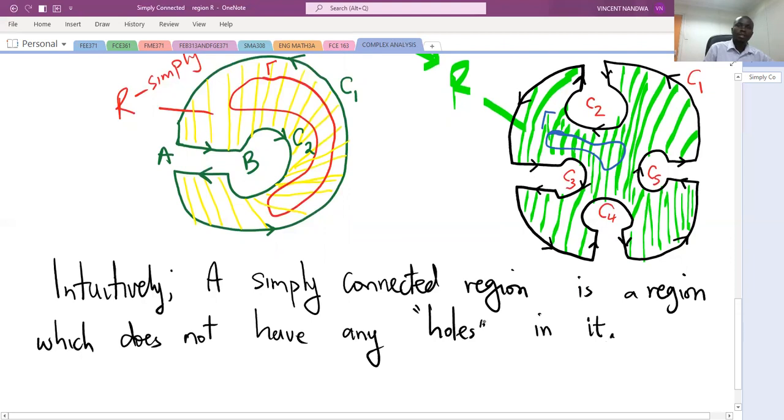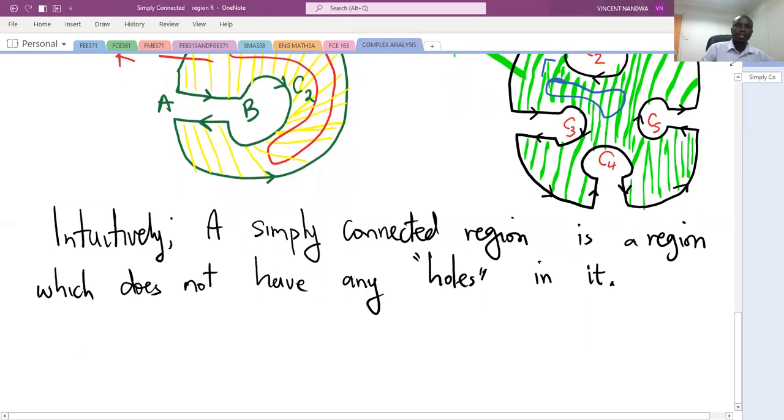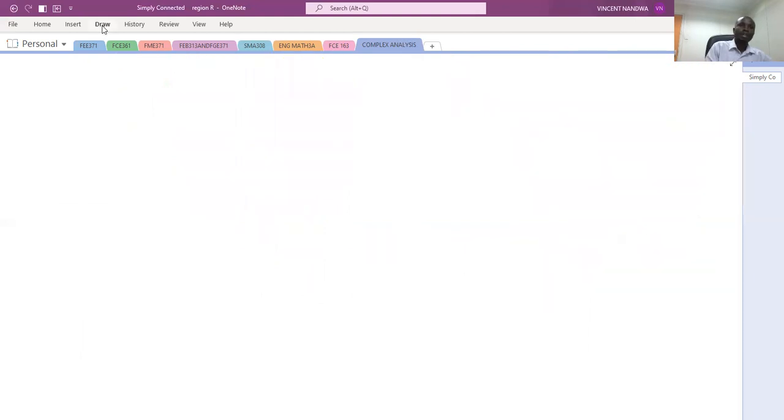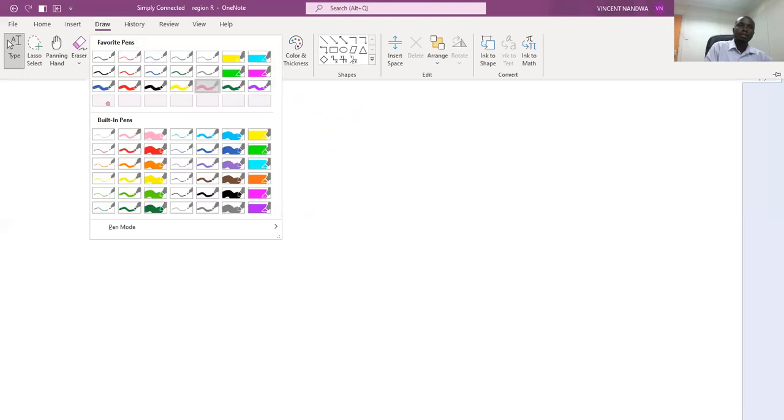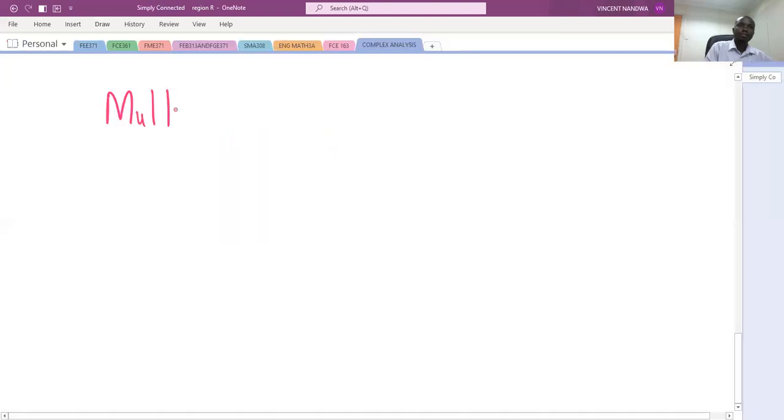It's a region that doesn't have any holes in it. So let's define now what we call multiply connected region. It's our last definition in this session. So multiply connected region.